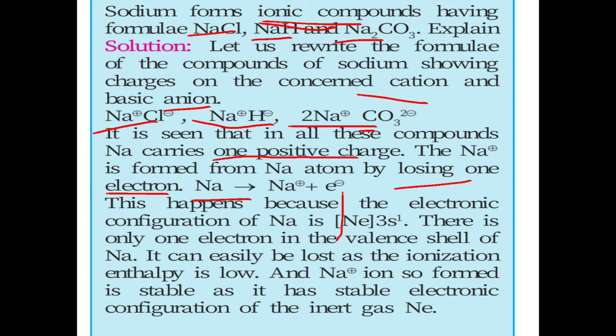The electronic configuration of Na is neon 3s1. There is only one electron in the valence shell of sodium, so it can be lost. Its ionization enthalpy is very low, and it easily forms a stable electronic configuration of the inert gas neon.